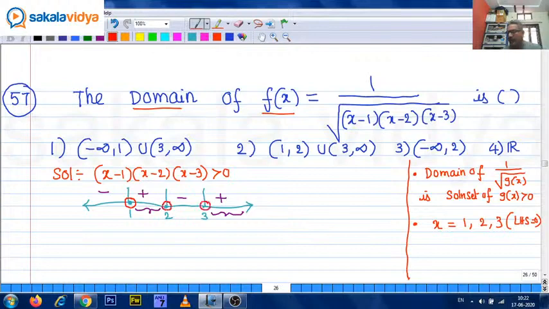So therefore the domain of f equals 1 comma 2, both open, union open 3 to infinity, because this is positive infinity, this is negative infinity on a number line. I hope everybody understands.